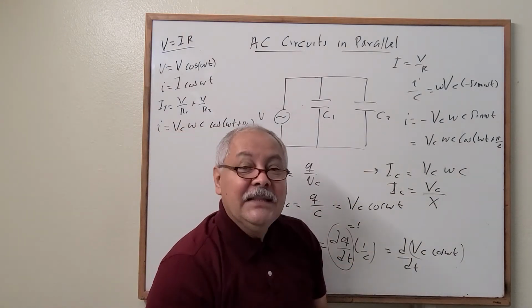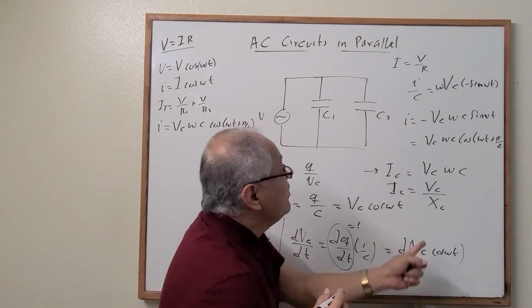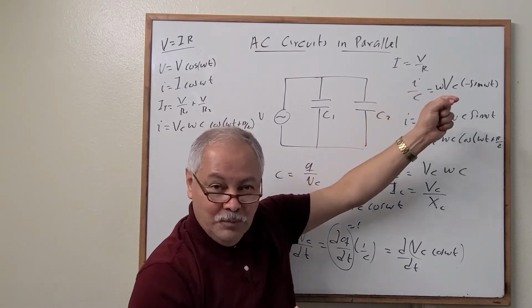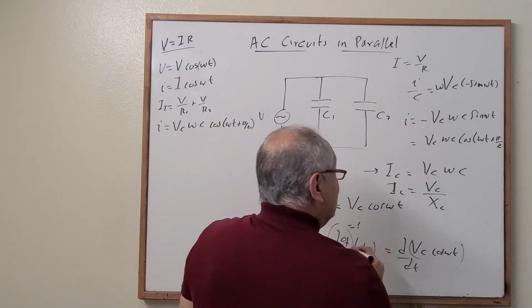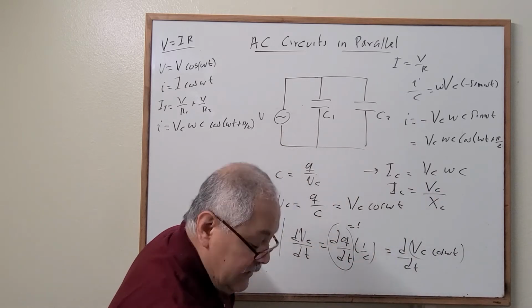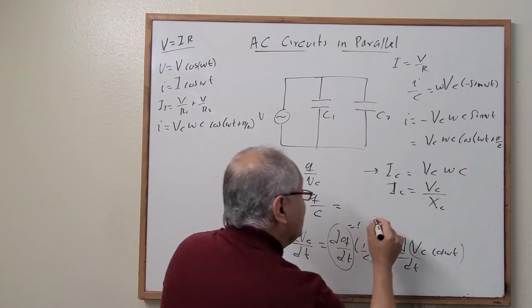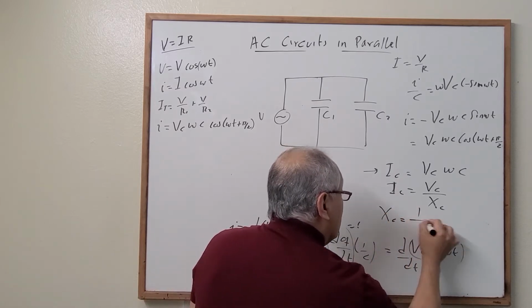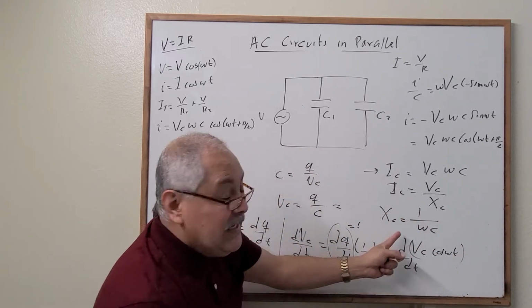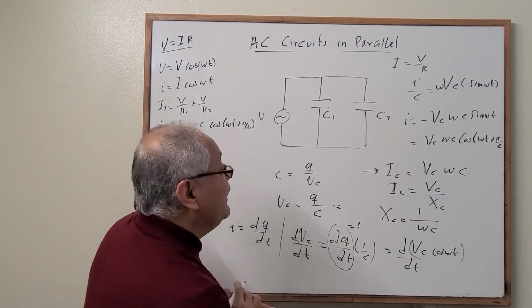In this case, it's going to be the capacitive reactance, which has the same unit as resistance, ohms, correct? When we compare this and this, we can see that the reactance of the capacitor is equal to 1 over omega C. The same thing as for a series case, correct?